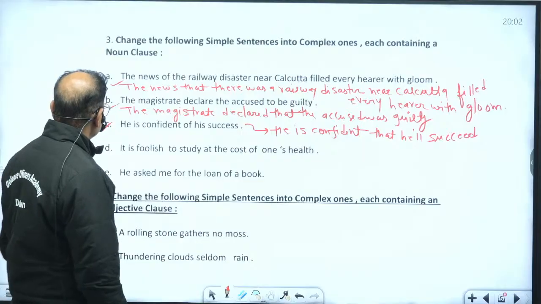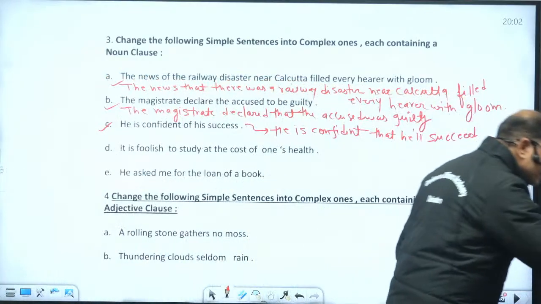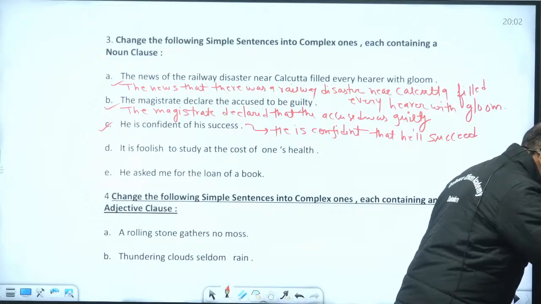Okay, moving on. Part D. Let me share. The magistrate declared that the accused was guilty. Very, very nice.